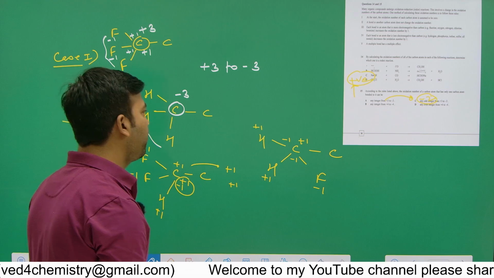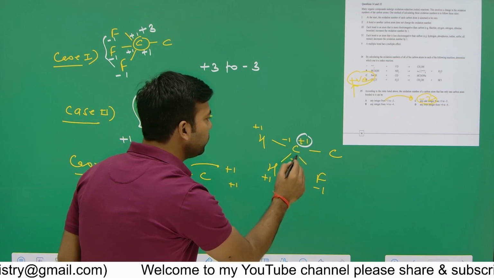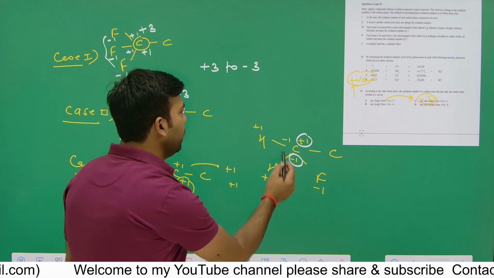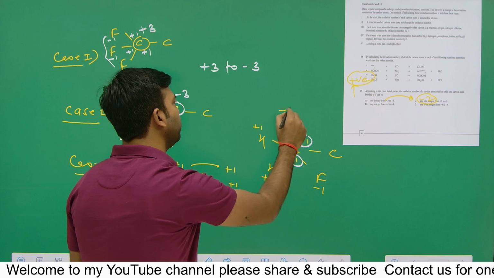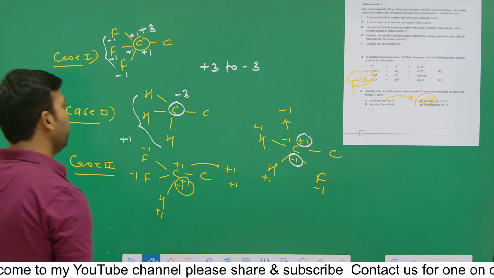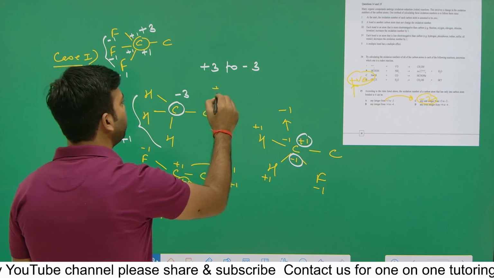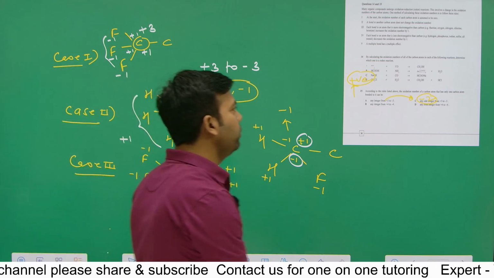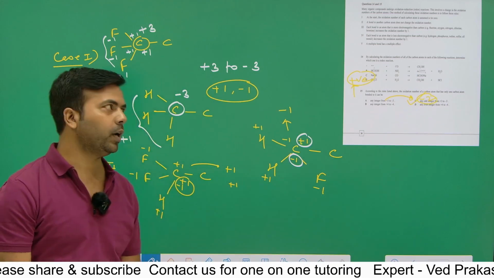Makes sense? So overall the net charge will be what? +1 and -1 cancel out. -1 is still what we have, so it should be -1. So the range is +3 to -3, and we got +1 and -1 as well. So odd numbers. So the answer will be C, any odd integer from +3 to -3.